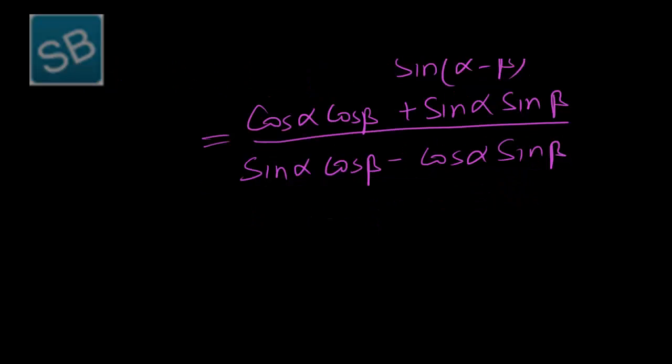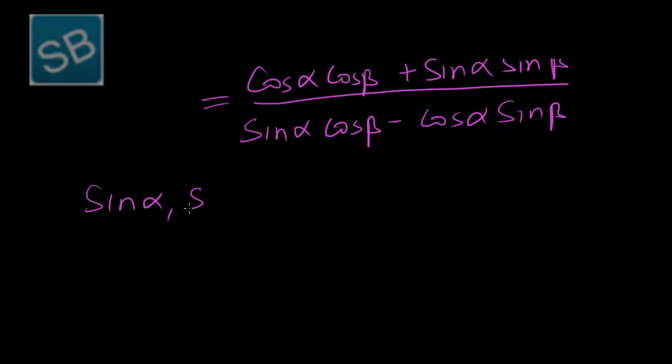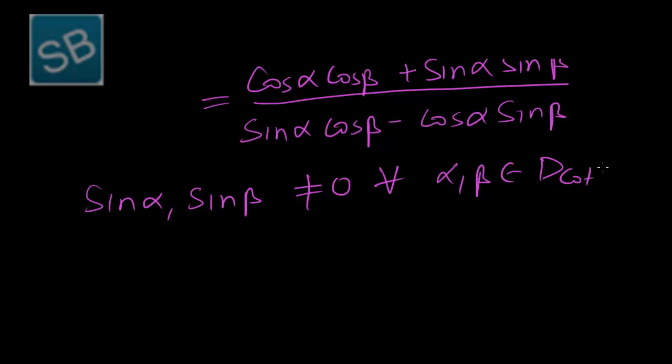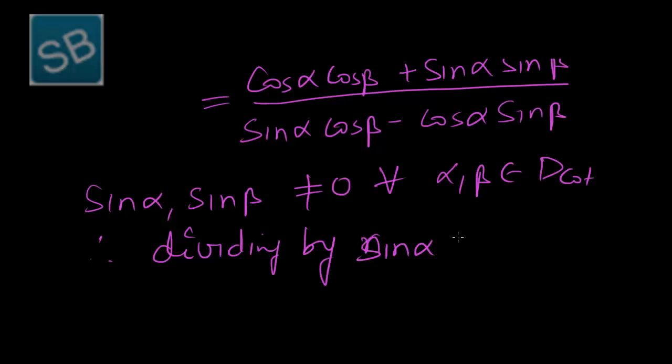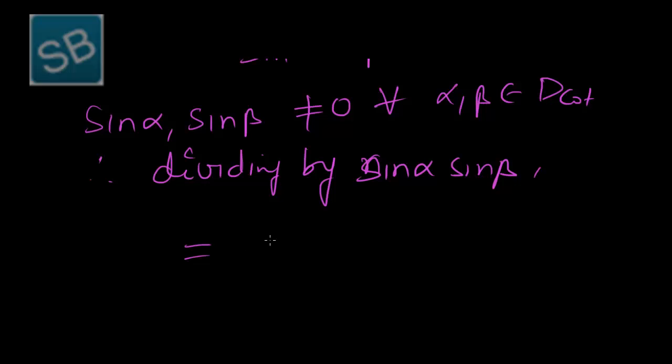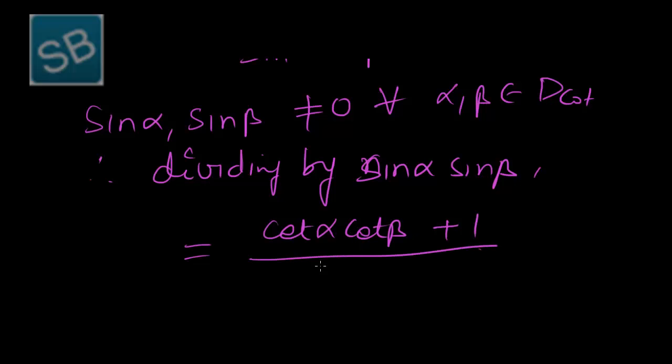So as sin alpha and sin beta are not equal to 0 for all alpha, beta belonging to the domain of cot, therefore, dividing by sin alpha into sin beta, we get cot alpha cot beta plus 1 over cos beta over sin beta, that is cot beta, and cos alpha over sin alpha, that is cot alpha.